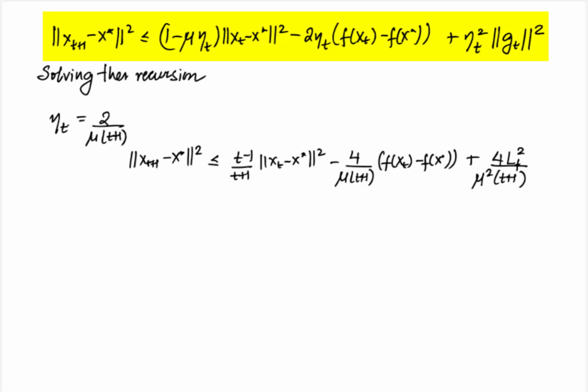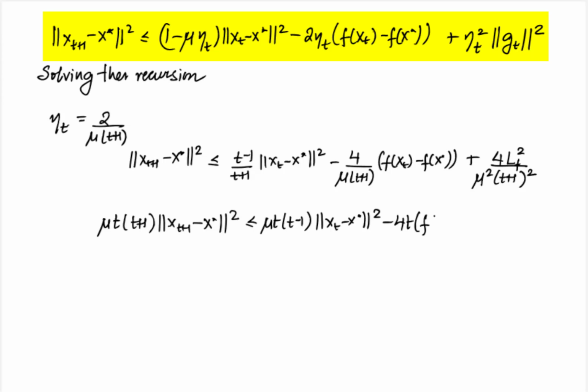Next, as before, we can multiply both sides by mu times t plus 1 so as to obtain that mu t plus 1 norm square of xt plus 1 minus x star is less than or equal to mu t minus 1 norm square of xt minus x star minus 4t times f of xt minus f of x star plus 4 LF square by mu into t by t plus 1.